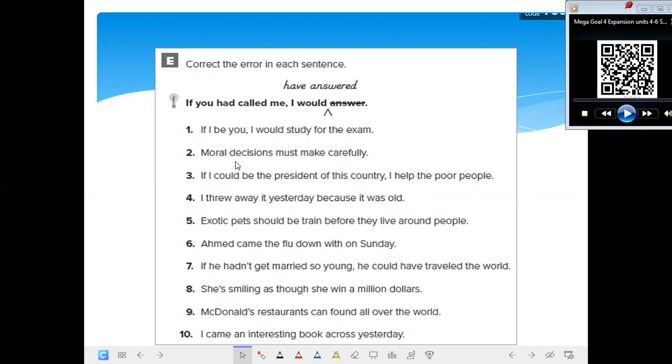"Moral decisions must make carefully." Moral decisions must be made carefully. Excellent, excellent.